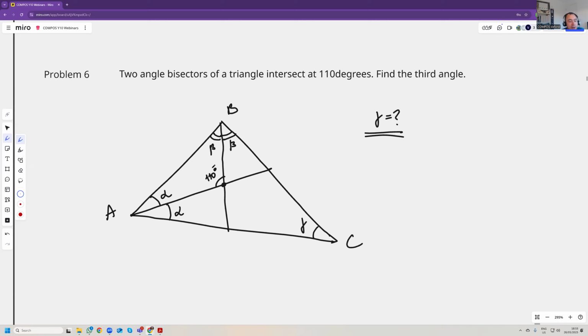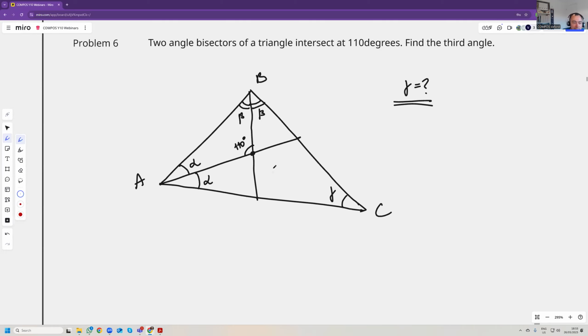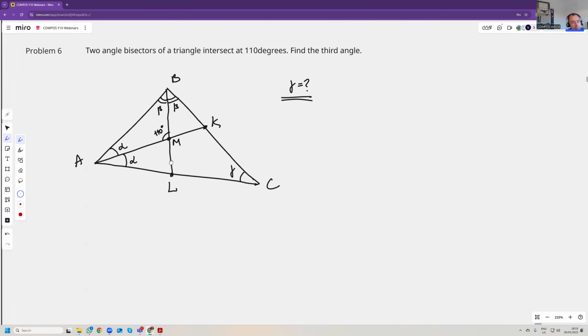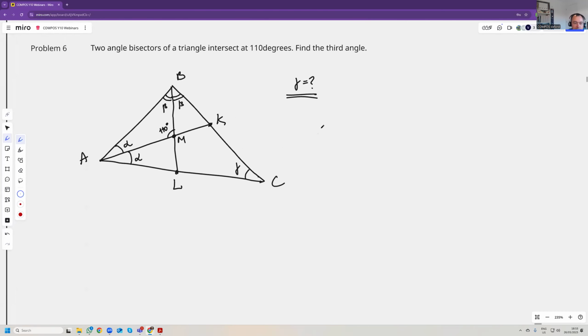So this is a different style of question. So let's label some points, BAK and BL, and label the midpoint M. Okay. So we straight away know that angle KML is 110 degrees because it's vertically opposite angles.